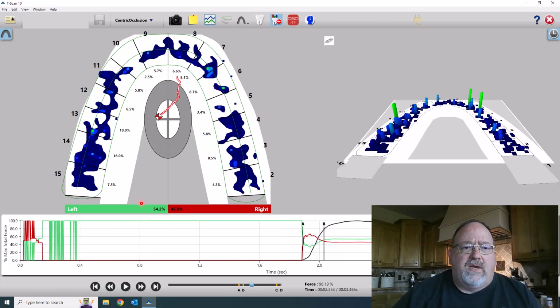Within about 20 minutes, I had the patient's bite dialed in to something that looks like this, and you're 50-50 plus or minus 5%, which is acceptable, and for sure this is only a first draft. The patient's going to come back, and I'll have follow-ups with them. But you can see that I didn't change the sensitivity on this case, but the amount of pressure and force and distribution has been corrected.